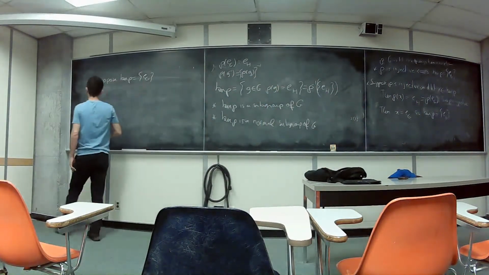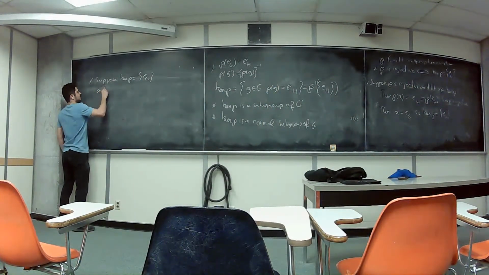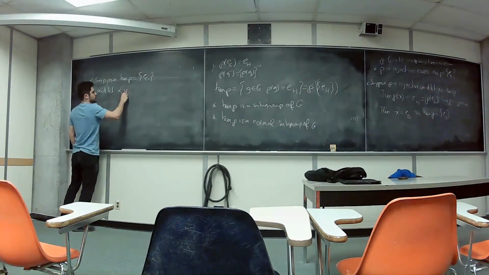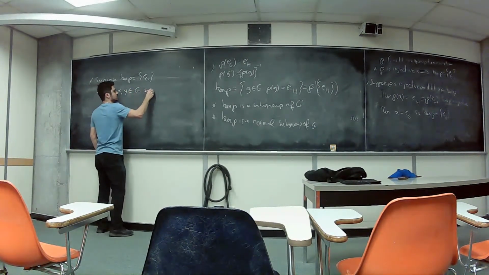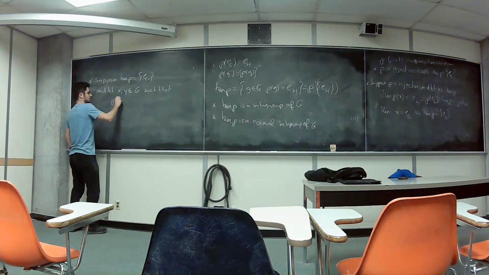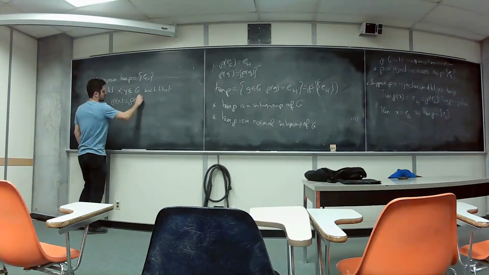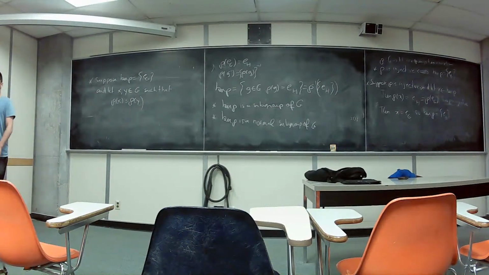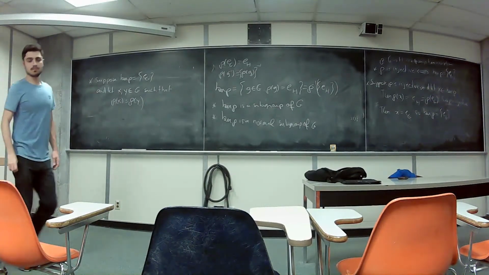Suppose the kernel of rho is equal to EG, and let x, y be in G be such that rho of X is equal to rho of Y. What can you say?